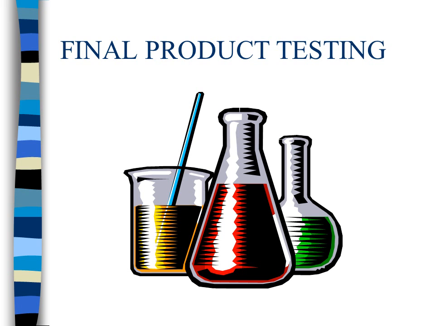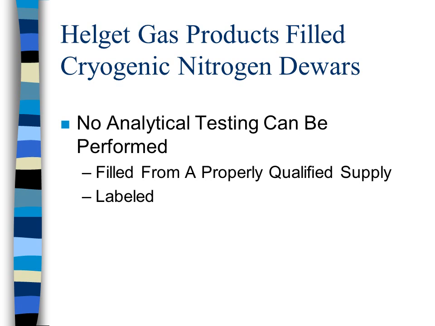Final production testing. Cryogenic nitrogen dewars, there's no analytical testing that we can perform on the dewar. This is on your route. It's filled from a properly qualified supply vessel. That's your D55. The dewar is labeled. It has to have a liquid nitrogen NF label on it.